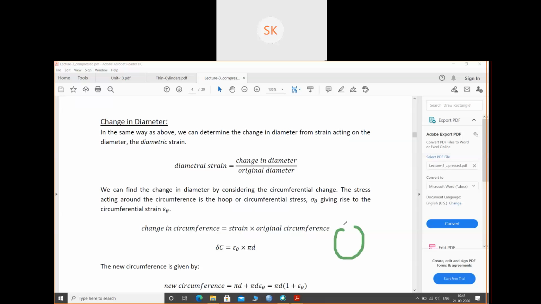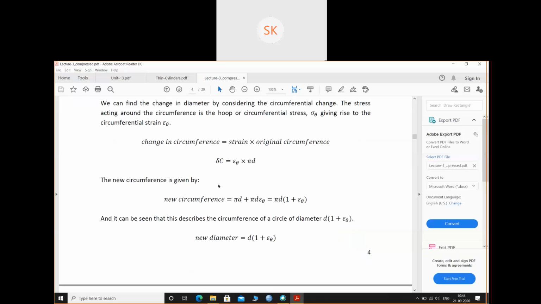The change in circumference is strain times the original circumference, which is its perimeter pi d. Change in circumference we have assumed as del c.